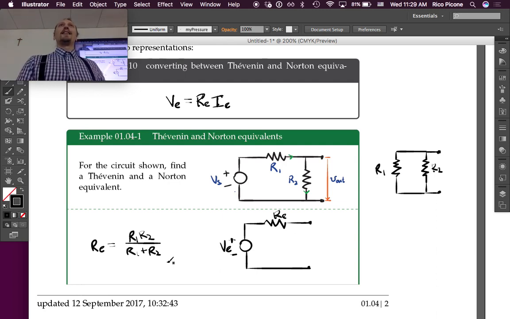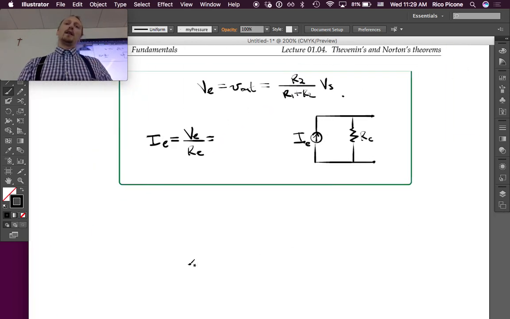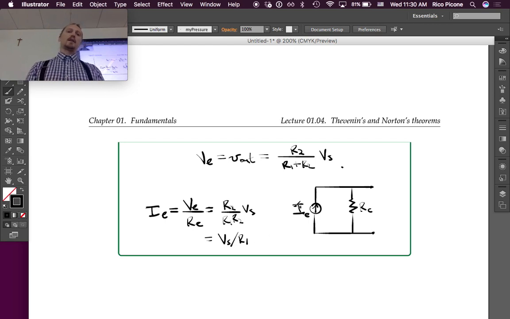Let's not even write it down. Then let's plug in R1, R2 for RE, and R2 is left for VE. So R2 over R1, R2. So we get another cancellation. VS, which is equal to VS divided by R1. So that's our equivalent current source: Vs divided by R1.